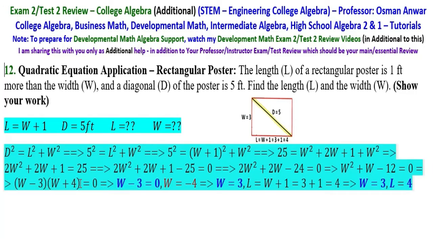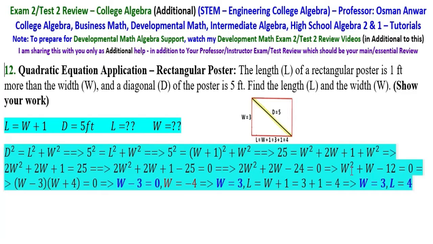Then this is 2W squared plus 2W plus 1 equals 25. So this is 2W squared plus 2W plus 1 minus 25 equals 0, so 2W squared plus 2W minus 24 equals 0. Divide both sides by 2, then this is W squared plus W minus 12 equals 0.